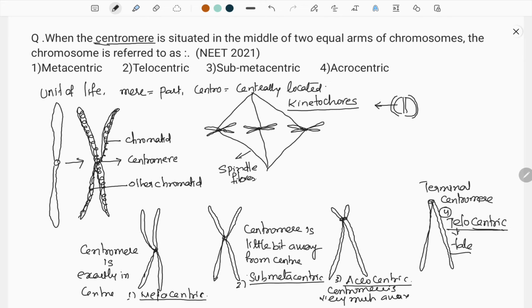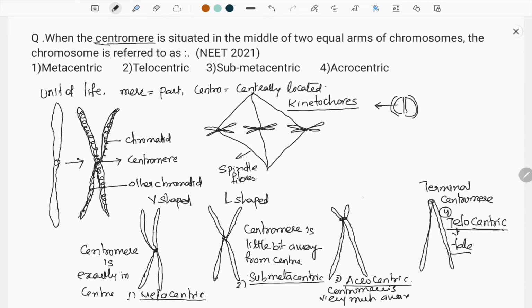One more thing is that during the anaphase of karyokinesis, according to the location of the centromere, the chromosomes exhibit different forms. For example, metacentric appears V-shaped. Submetacentric appears L-shaped, because one arm is short, one arm is long.